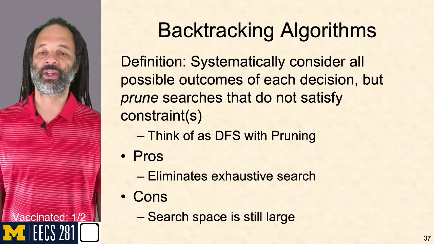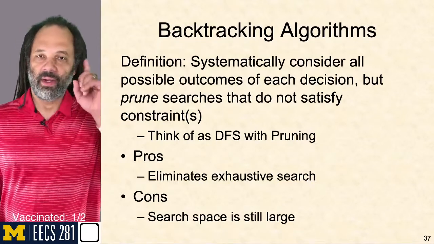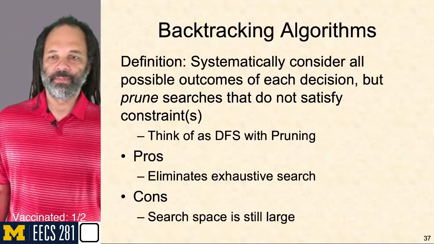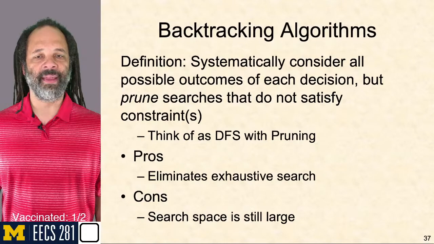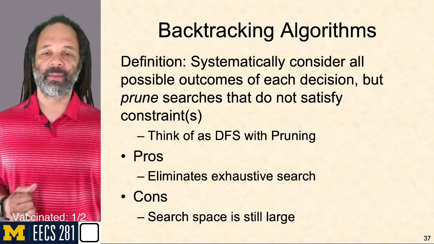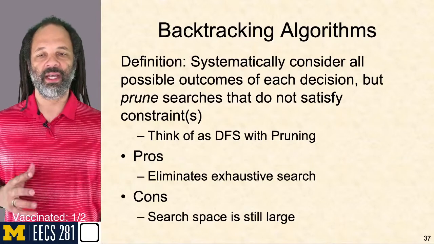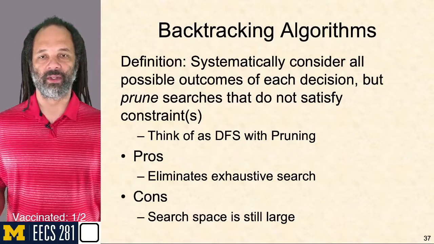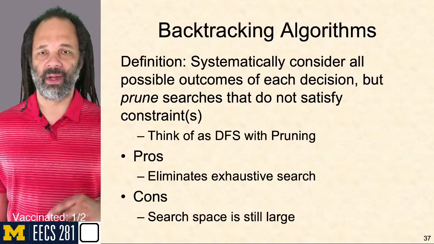So here's my definition of backtracking algorithms. And as you listen to it, you're going to hear something that's going to raise some red flags. The definition of my backtracking algorithm is something that can systematically consider all possible outcomes of each decision, but then prune searches that don't satisfy one or more constraints. So systematically consider all possible outcomes.